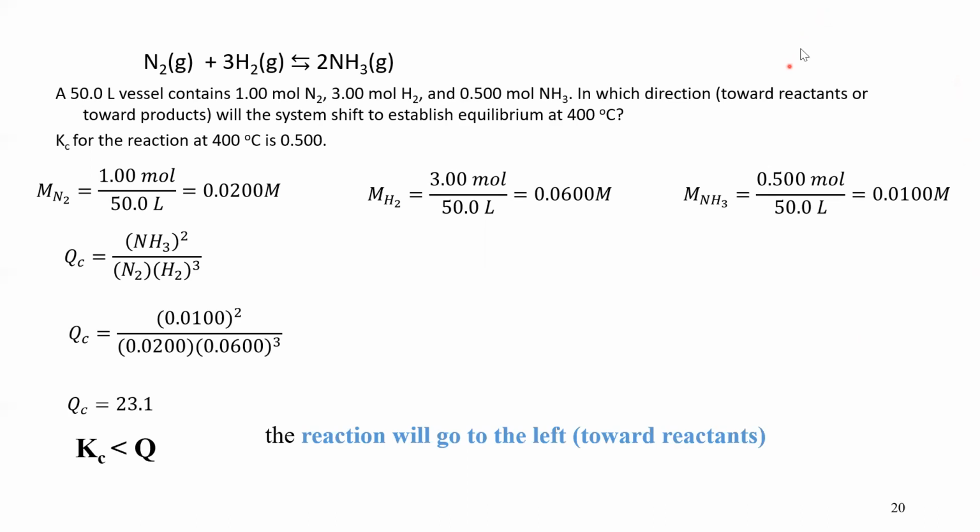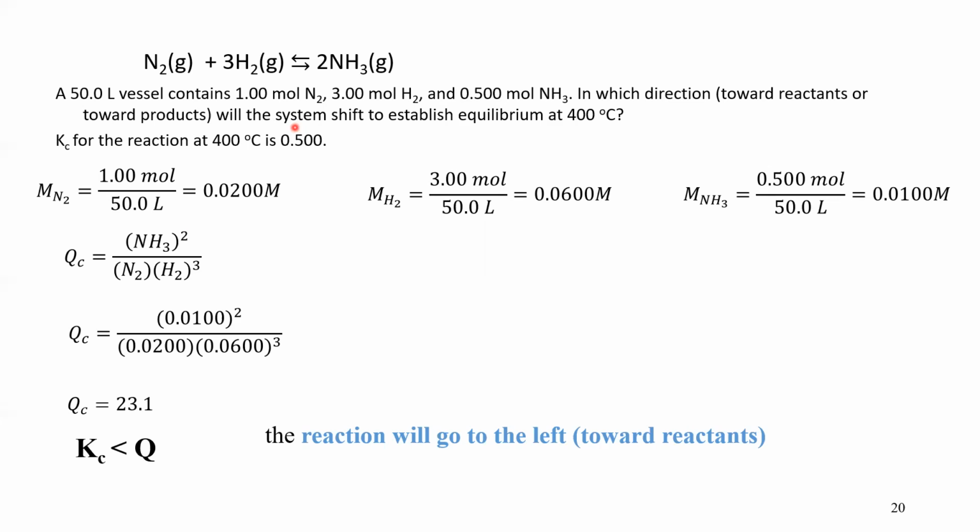So the concentration of the products will go down. The concentration of the reactants will go up. Q will get smaller and smaller until eventually Q equals K, and then the system is at equilibrium.